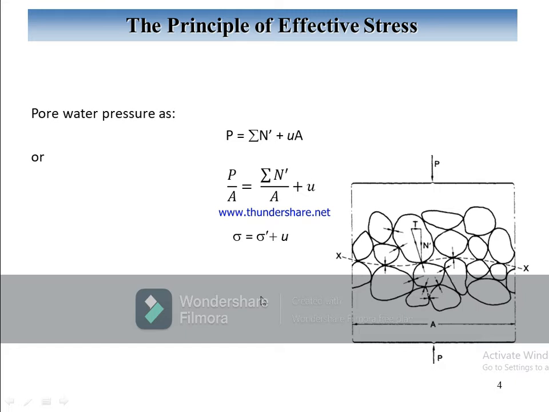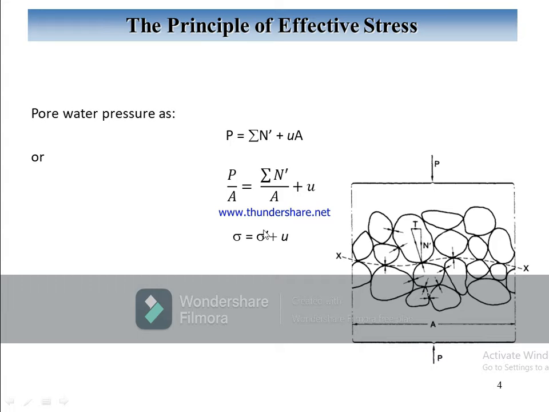Now, if point contact is assumed between the particles, the pore water pressure will act on the entire area of the plane. Then for equilibrium in the direction normal to the x-x plane, the total force P is equal to the sum of the normal components N prime, which oppose it, plus the pore water pressure multiplied by the area.